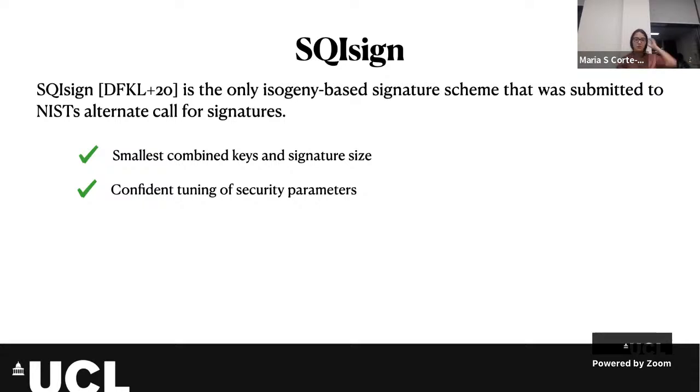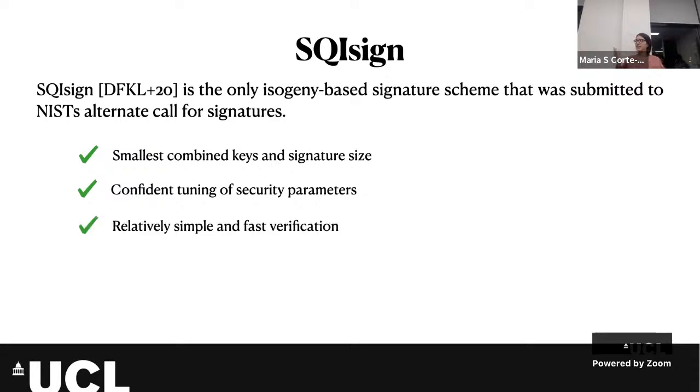And so choosing parameters for lattice-based schemes is quite difficult. Whereas in isogenies, the reductions are very tight. And so you can choose parameters, not easily, but it's easier to choose parameters that will satisfy the security claims that you're making.